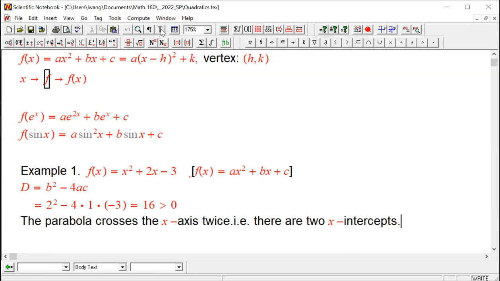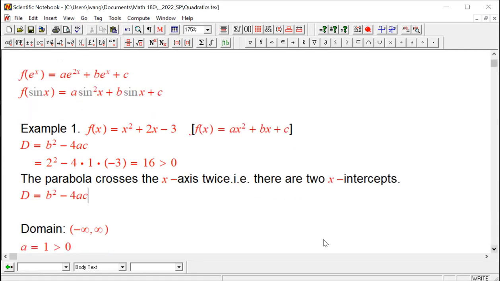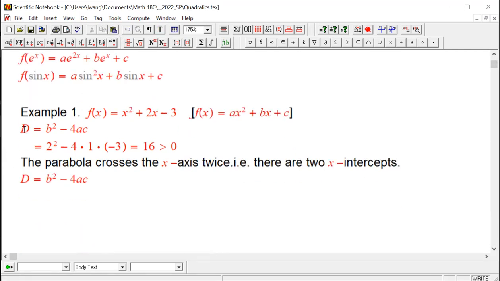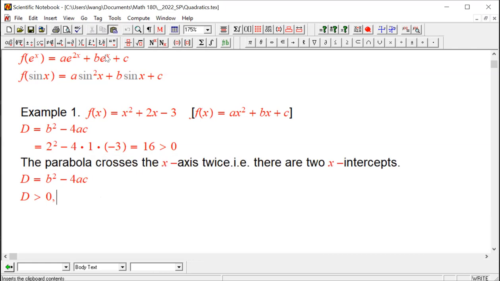Okay. All right. How about other cases? What if the discriminant... So there are 3 cases. The first case, which we just did, is if the discriminant is positive: the parabola crosses the x-axis twice.